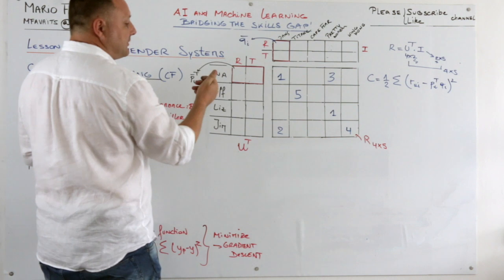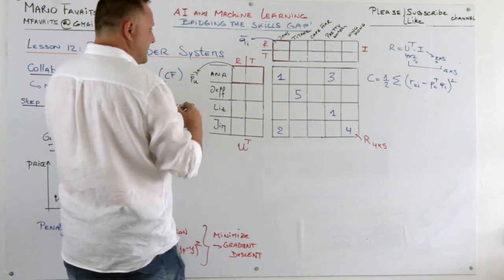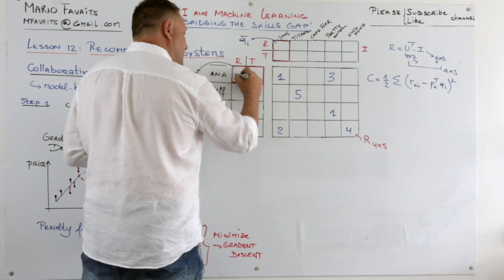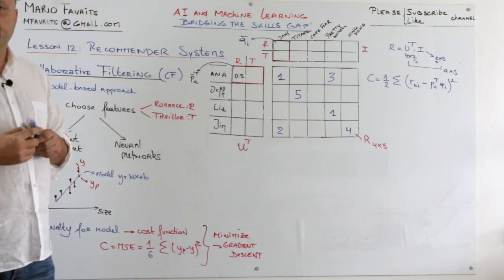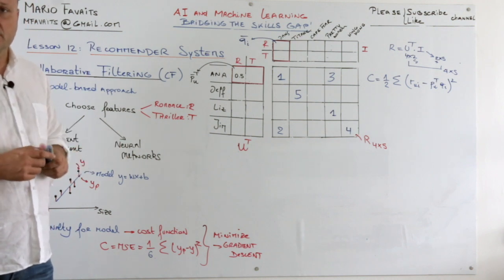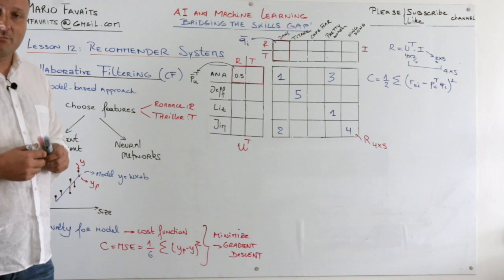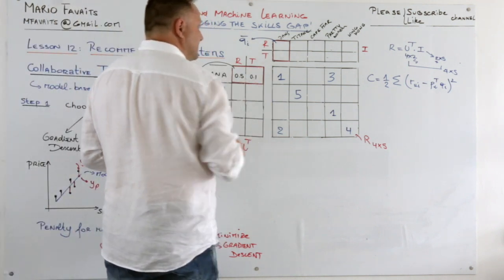Anna, for example, scores higher on romance. So let's assume that Anna, with respect to romance, is 0.5. This could be any number. We just try to initialize now. Yeah, we're not trying to make it right from the first time. And then for thriller, I give her 0.1.